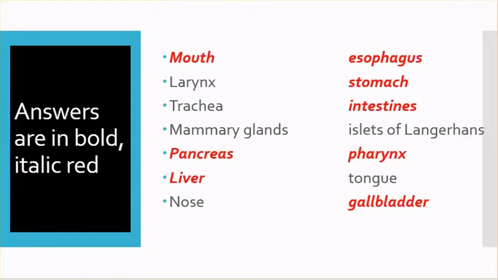Answers are in bold italic red, and they are the mouth, esophagus, stomach, intestines, pancreas, liver, pharynx, and gallbladder.